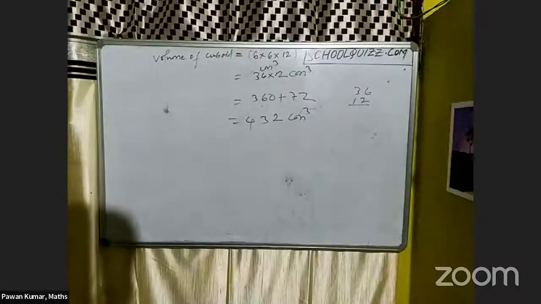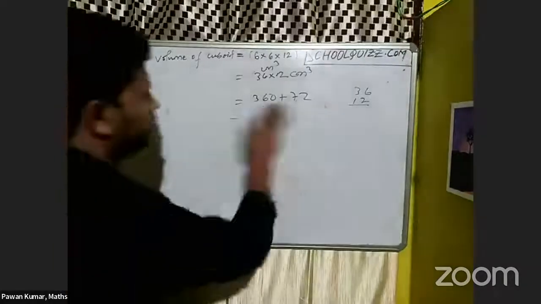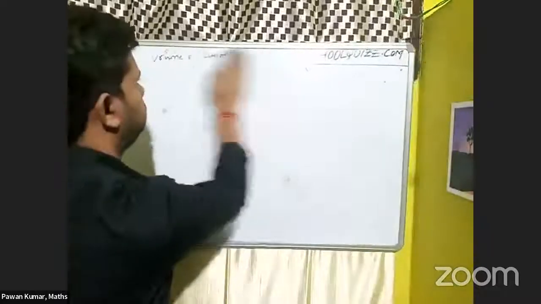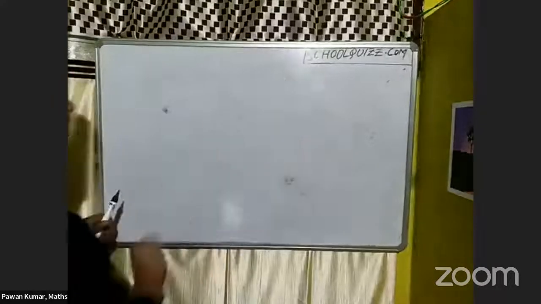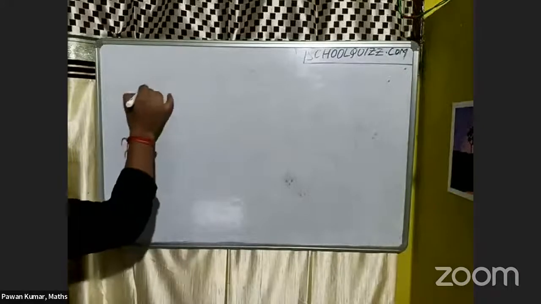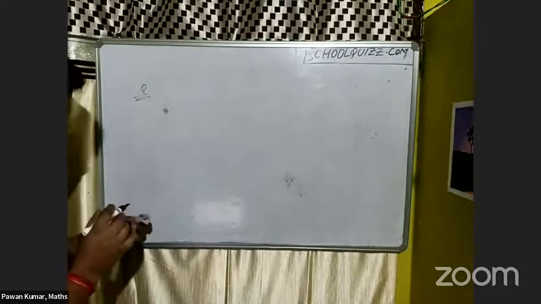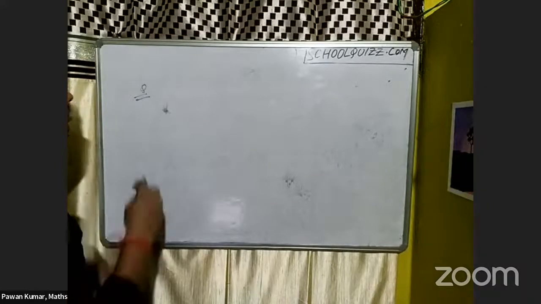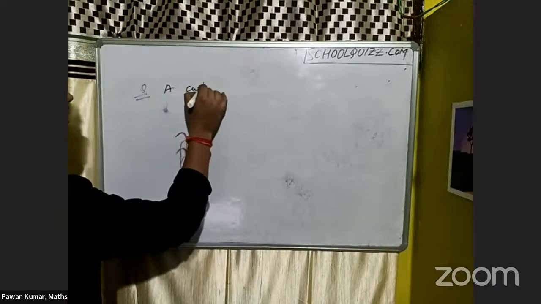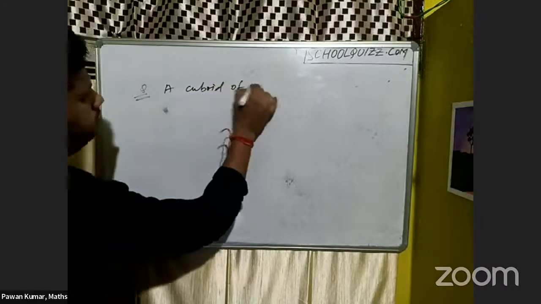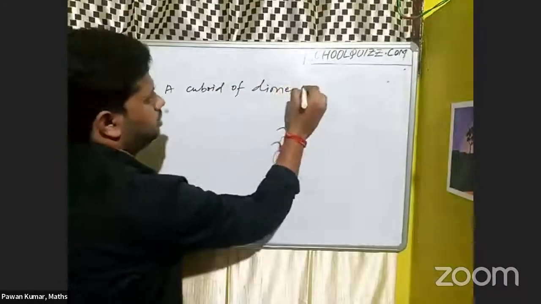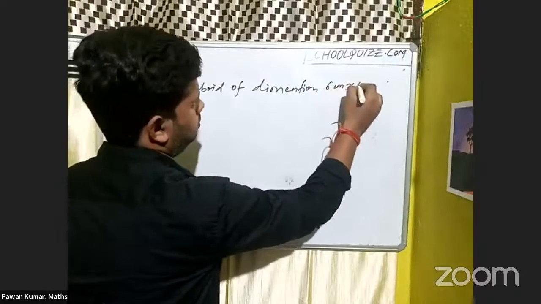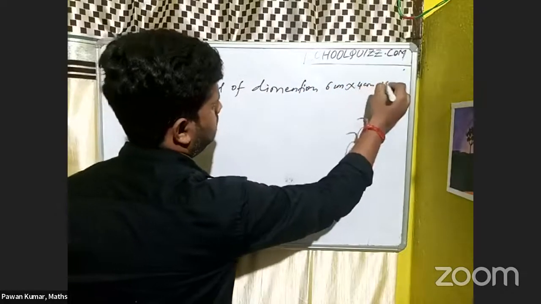Okay, so now do one more last question, as time is there. A cuboid of dimensions 6 centimeter, 4 centimeter, and 5 centimeter.